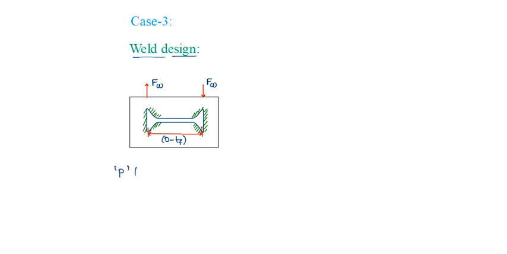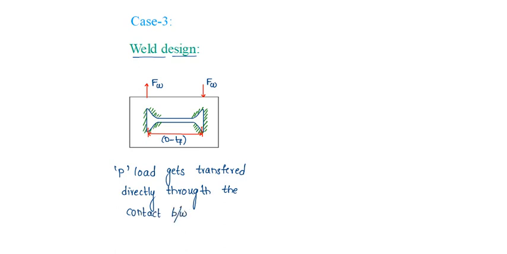Our P load gets transferred directly through the contact between column and base plate, whereas moment M will now be equal to the force in the weld into (d minus thickness of flange).